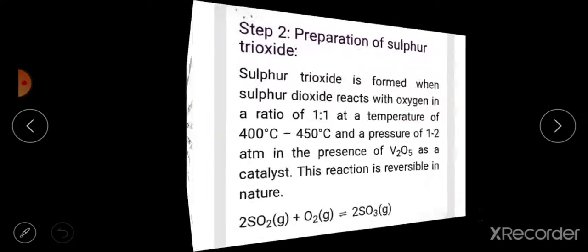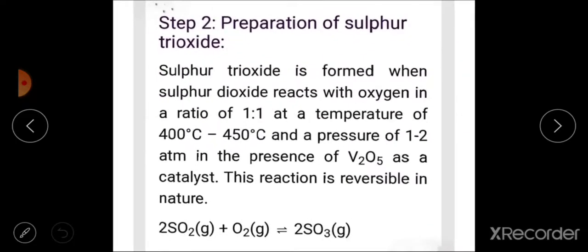Next, the second step is preparation of sulfur trioxide. This sulfur dioxide is oxidized to sulfur trioxide in presence of vanadium pentoxide as a catalyst. This reaction is carried out at 400 to 450 degrees Celsius and at a pressure of 1 to 2 atmosphere.